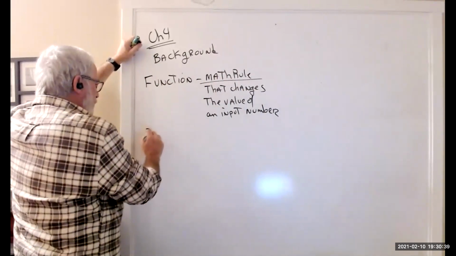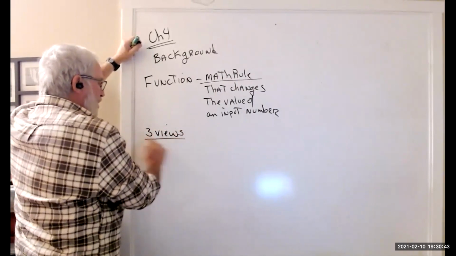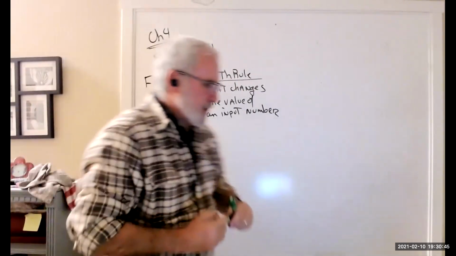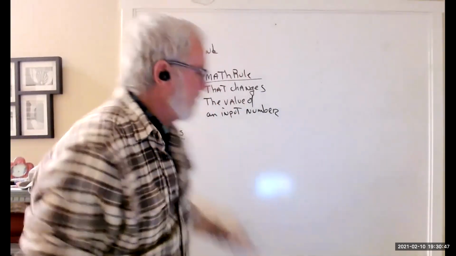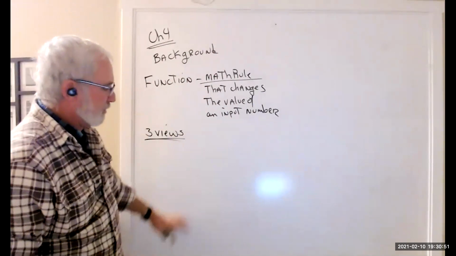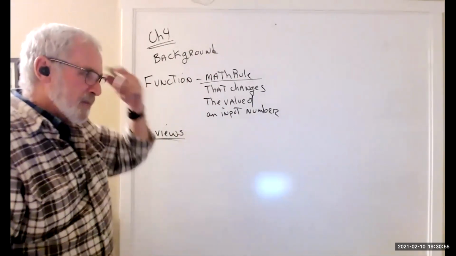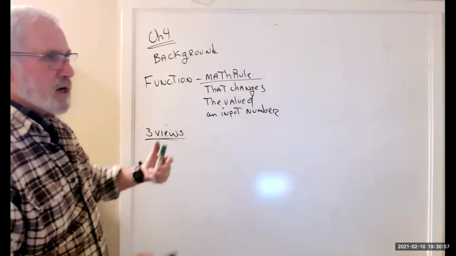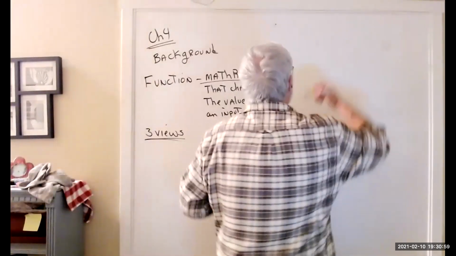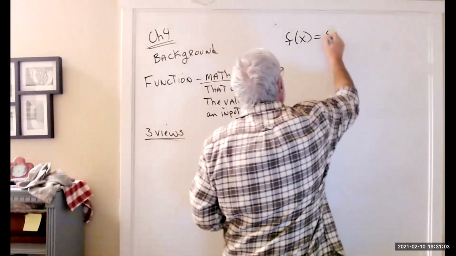We have three views of a function. I'm going to leave some room because I'm going to come back over here and talk about the three views. Leave some room in your notes for me to explain what the three views are. But let me give you the basics right now. Generally, we write something like this.